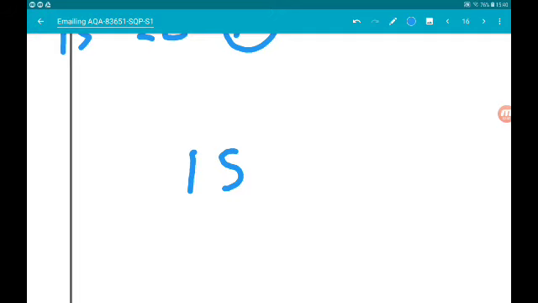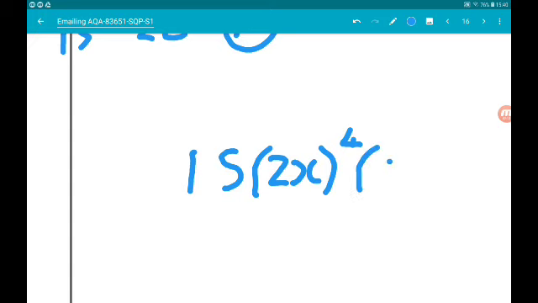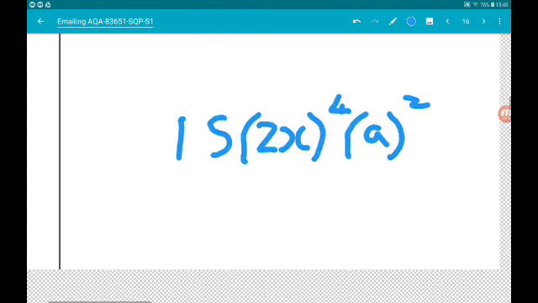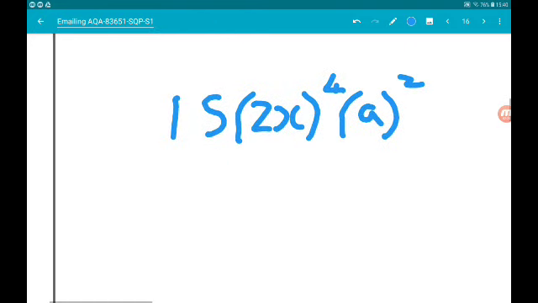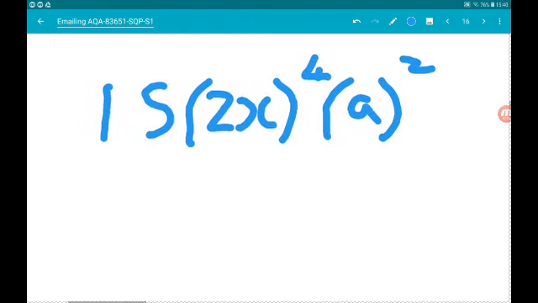Now for the x to the power 4 term, we would have 2x to the power 4 times a squared. Now we don't want the x in this, but let's just see what the term is.